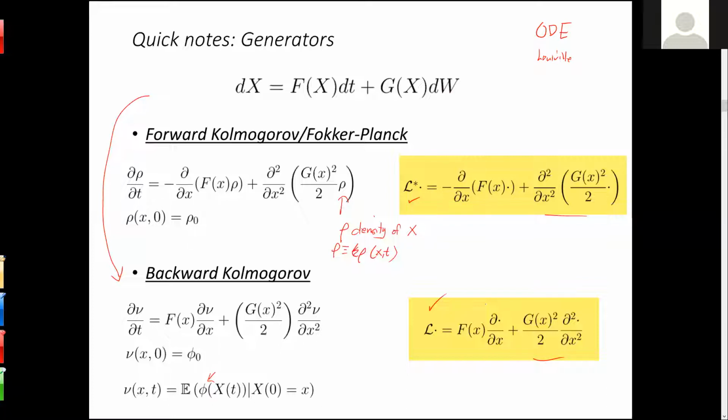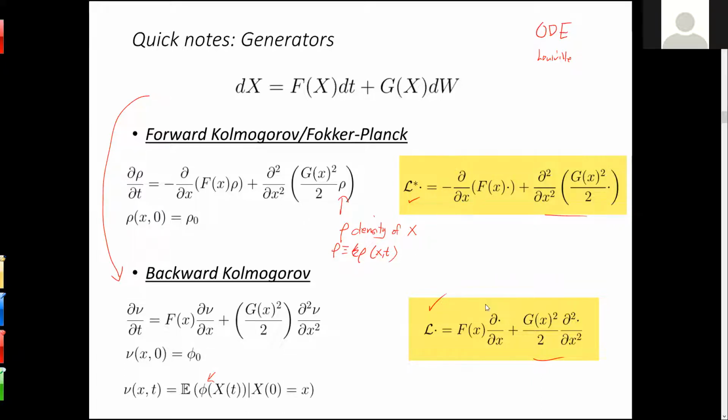So that's the common route. You start with an SDE or an ODE, then you formulate its associated forward or backward Kolmogorov equations, or Liouville and backward equations, and then do homogenization for those PDEs, and go back to an SDE or ODE, depending on the form of the operators.